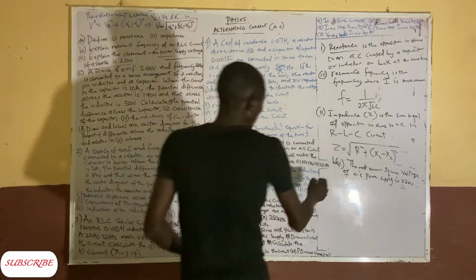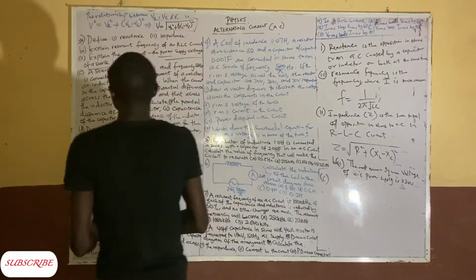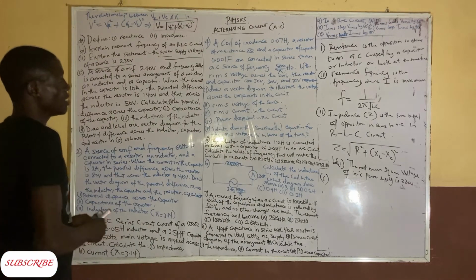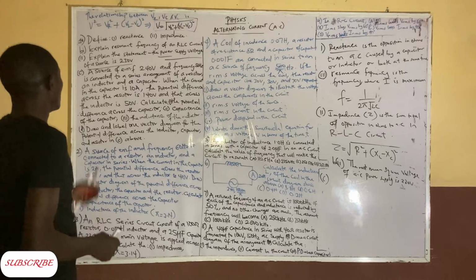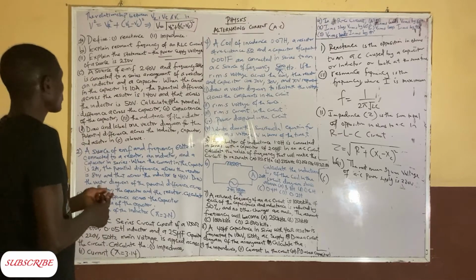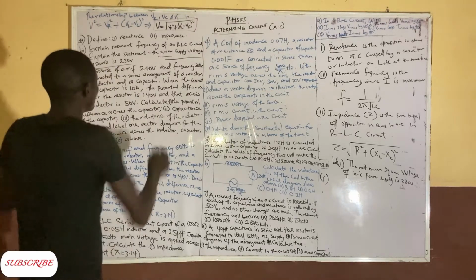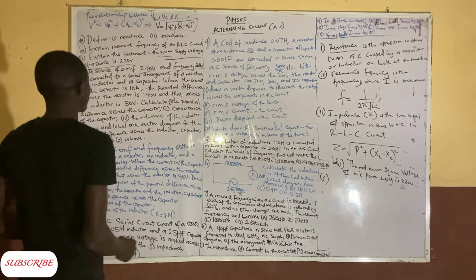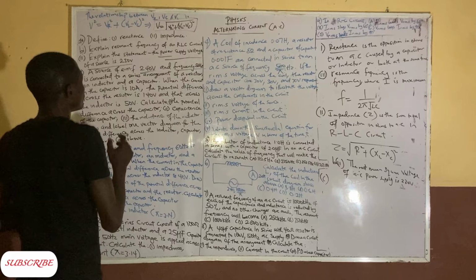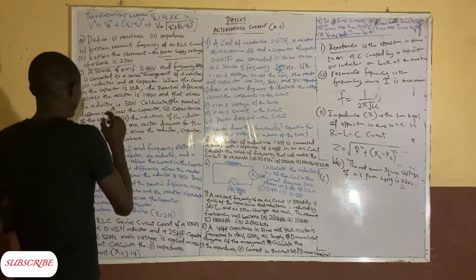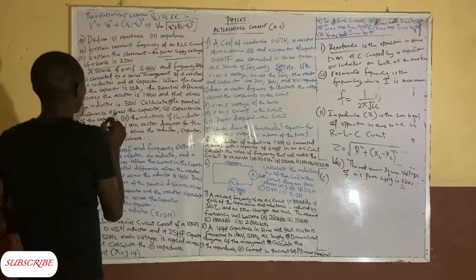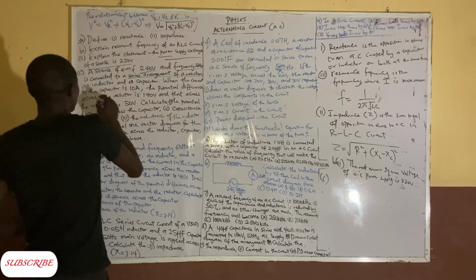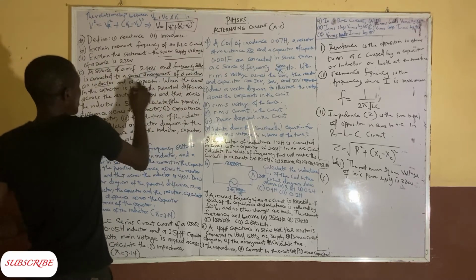Now, to jump to number C, which is the calculation aspect of it. Look at this very carefully. A source of EMF 240 volts and frequency 50 hertz is connected in series arrangement of a resistor, inductor, and capacitor.